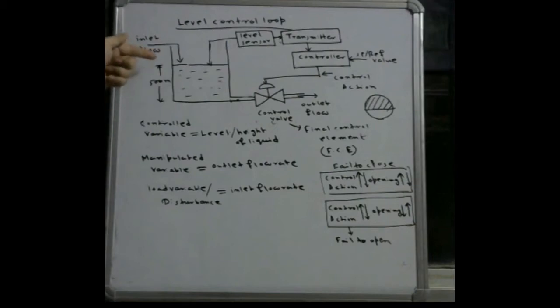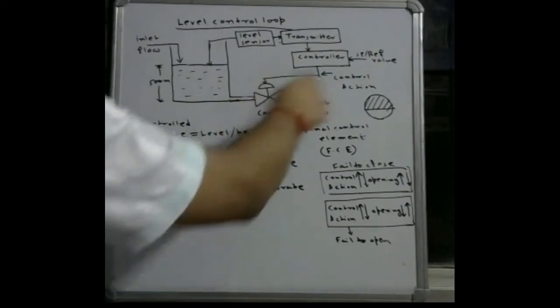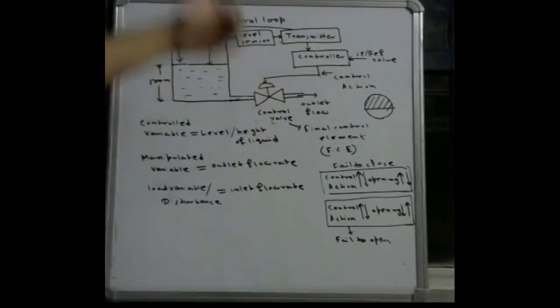The height will always be constant at 500. So there will be no fluctuations in the controlled variable. So in that case, we do not need to use a controller. This type of loop is not required at all.